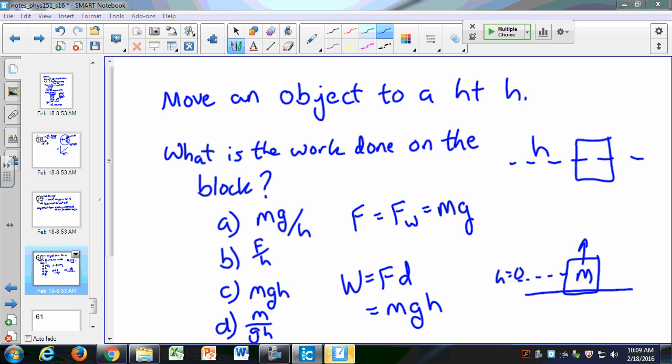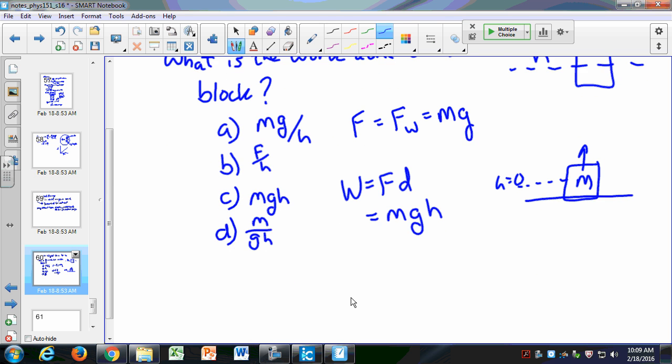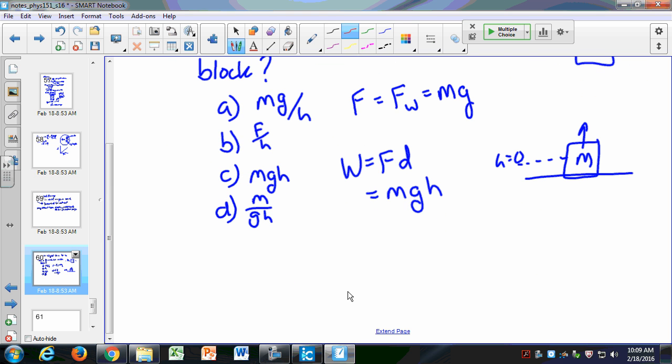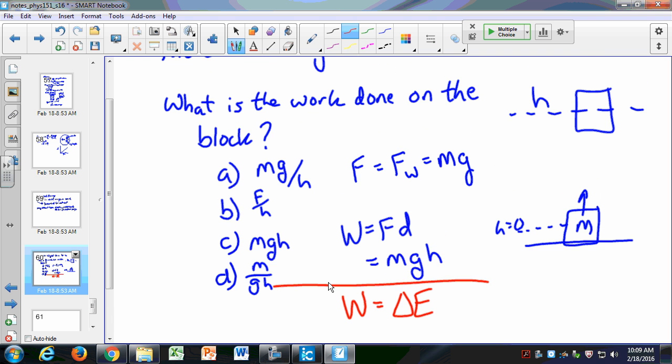Okay, but remember that we have this idea, the work-energy theorem, which says that when I do work on an object, I change its energy. So if I have this object up here, it has a speed equal to 0. I've just moved it up to this position.